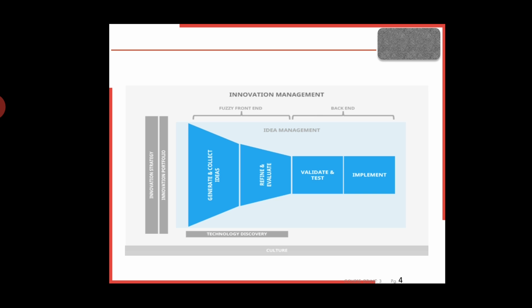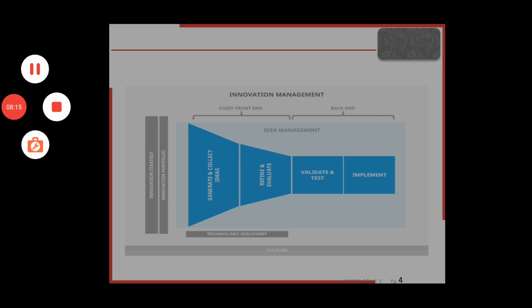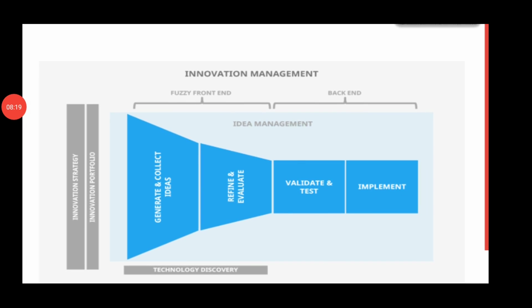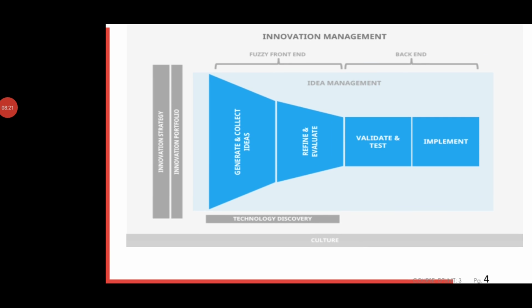Here we have to look at this diagram. This diagram is the concept of innovation management. Innovation means we are getting new ideas, some new product. This is the diagrammatic representation of innovation management.